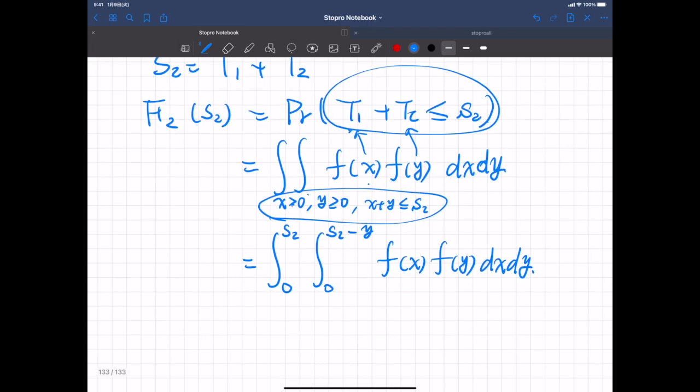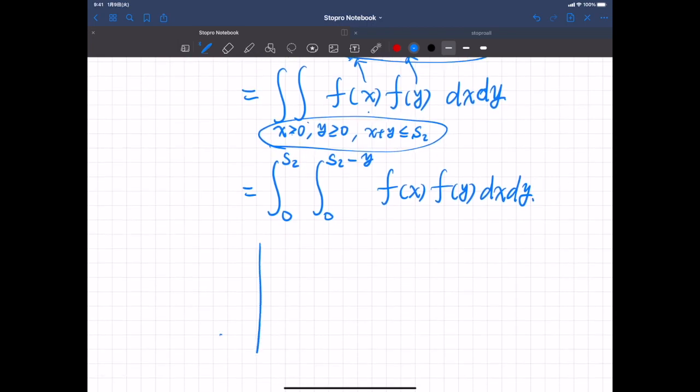Let's consider the two-dimensional plane, x and y. We consider only x positive and y positive, so that's basically this region. Ignore the negative parts. Furthermore, we have x plus y less than s2, where s2 is a given constant.